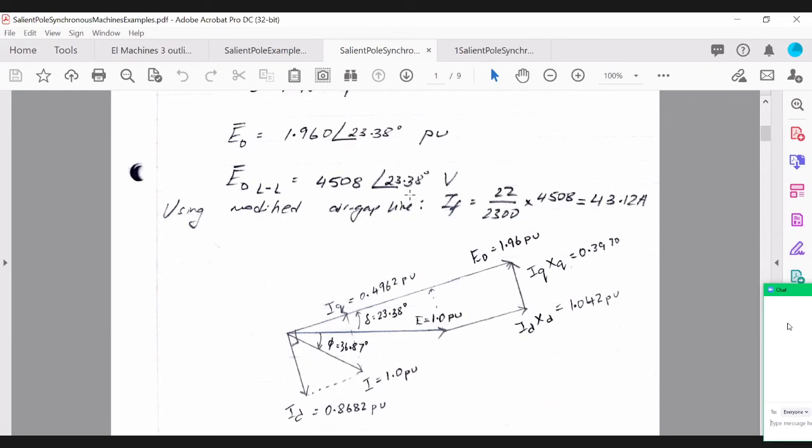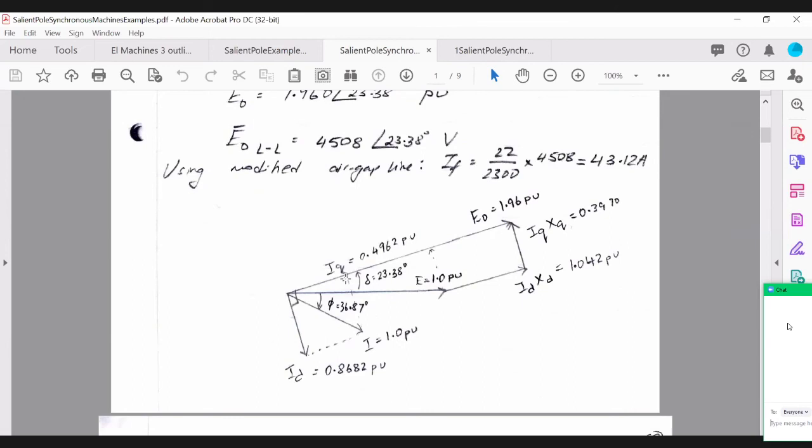So that's using the modified air gap line to determine the field current for this particular operating point, which is at E naught equal to 44,508 volts. All right, so once you've determined this voltage, I've drawn the phasor diagram for this particular machine.